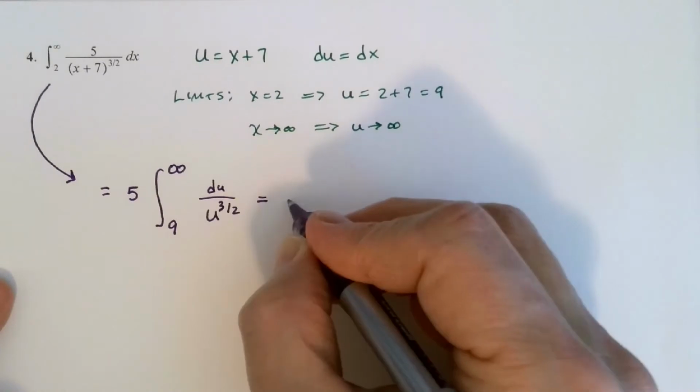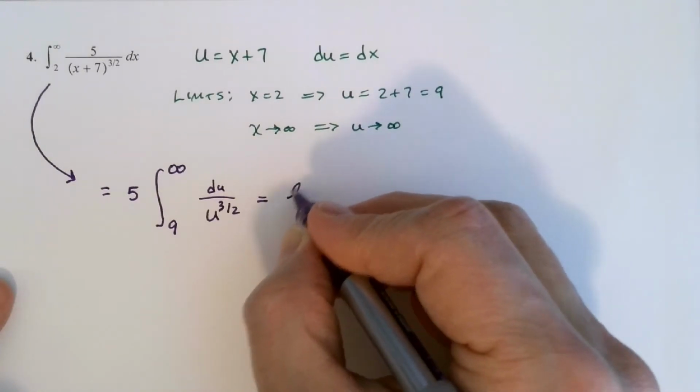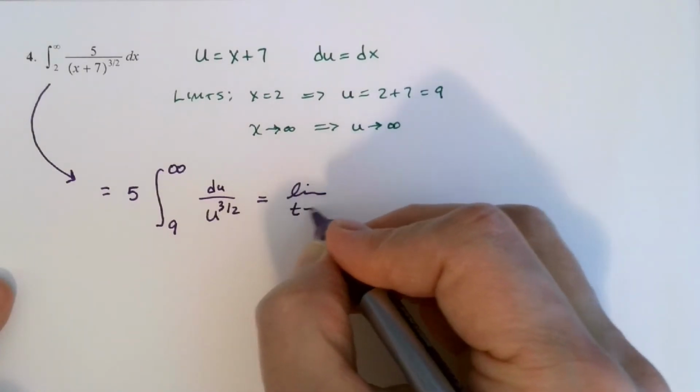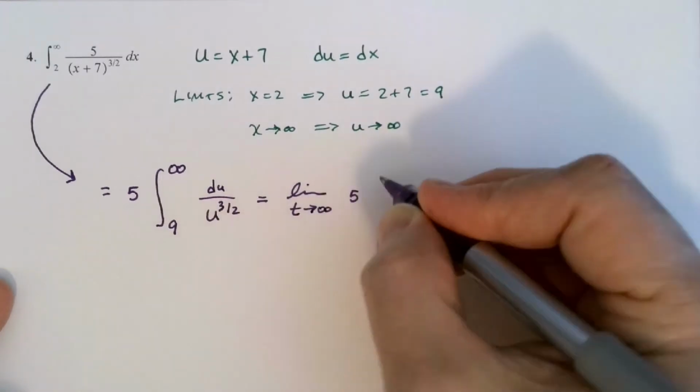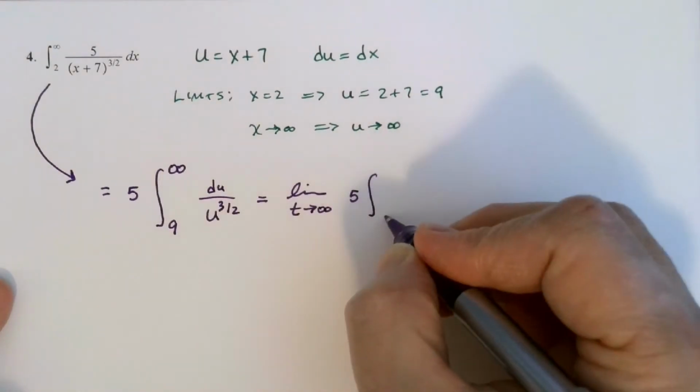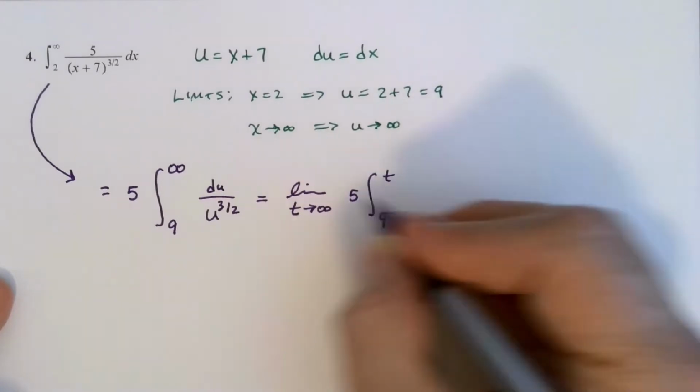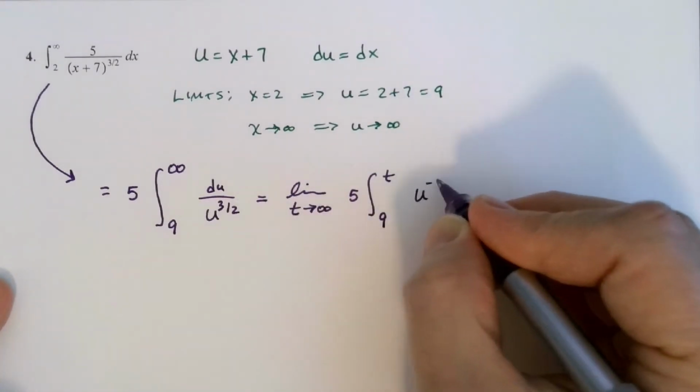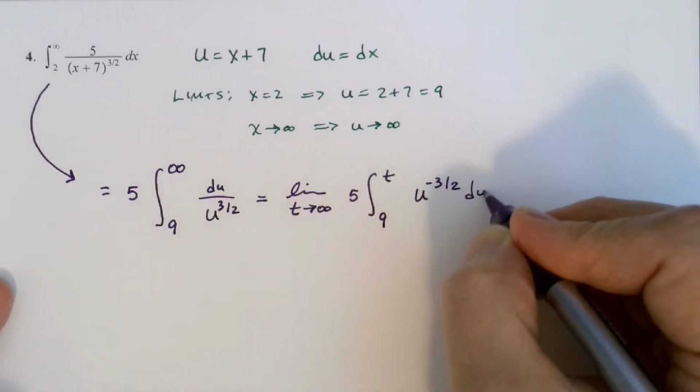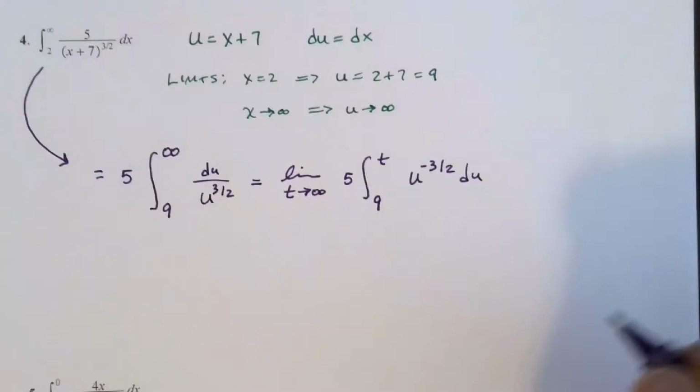Now I'll do the limit notation. So this is the limit as t goes to infinity of 5 times the integral from 9 to t. And now I'll rewrite this as what? U to the negative 3/2, so I can use the power rule.